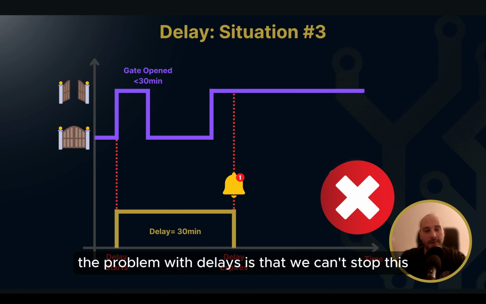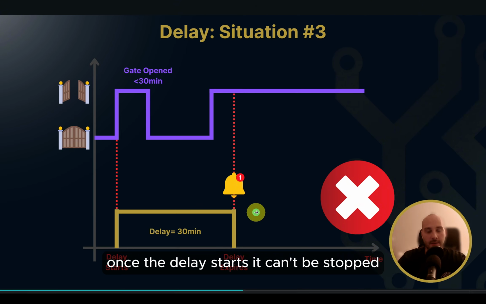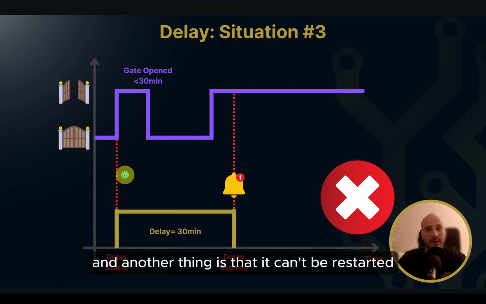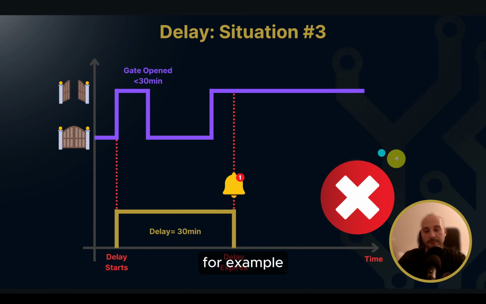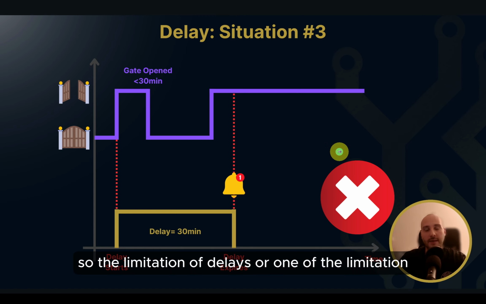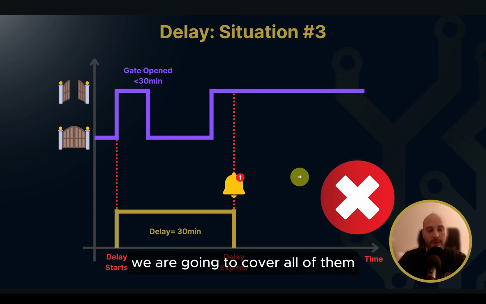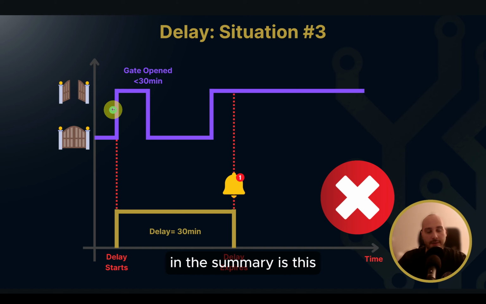The problem with delays is that we can't stop them. Once the delay starts, it can't be stopped. And another thing is that it can't be restarted, for example. So the limitation of delays, or one of the limitations, we are going to cover all of them in the summary, is this.